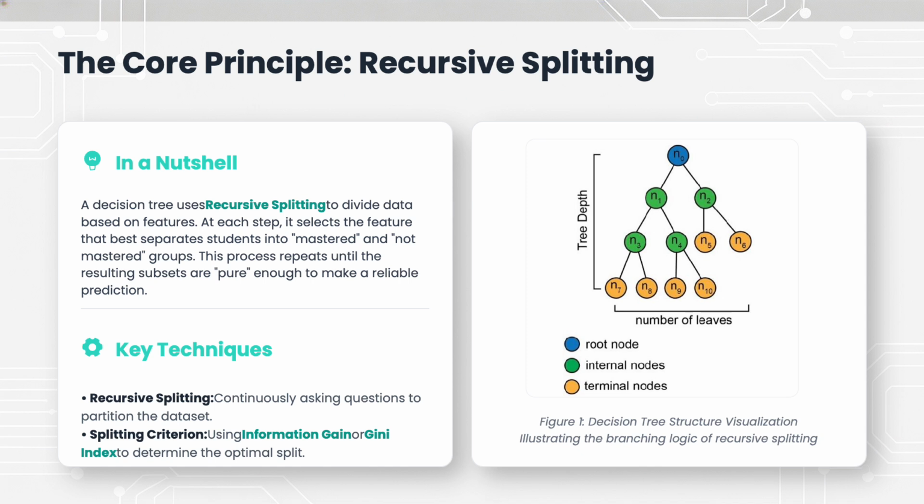Then it takes each of those new groups and asks another question, splitting them further. It keeps doing this until the groups are so pure that it can make a confident prediction. To decide which question to ask at each split, algorithms use mathematical criteria like information gain or the Gini index, which measure how much the split improves the purity of the resulting groups.